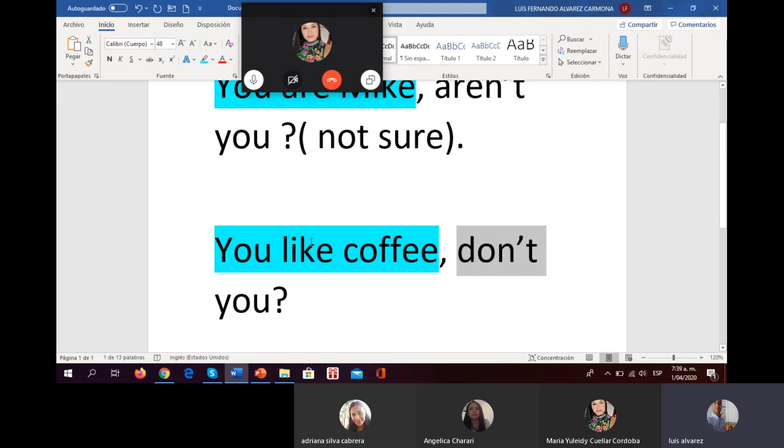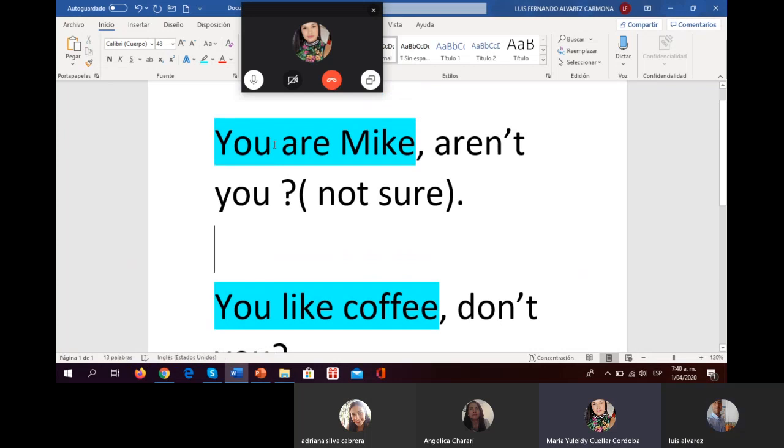So this is affirmative. So here, the auxiliary is negative. And we use the same subject, you. Here is you, and then here the subject is you.